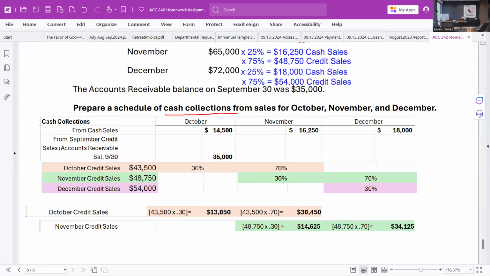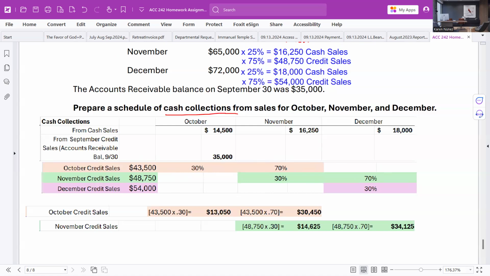That's everything we're collecting in November: cash sales of 16,250, 70% of October, and 30% of November. So this schedule is really key, understanding what the sales are and when they're going to be collected. 70% of October, 30% of November.